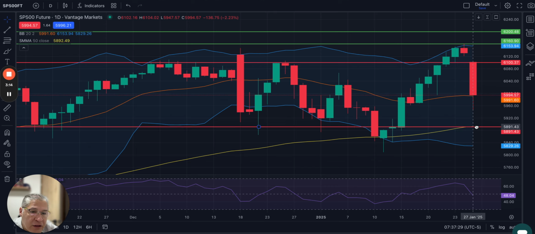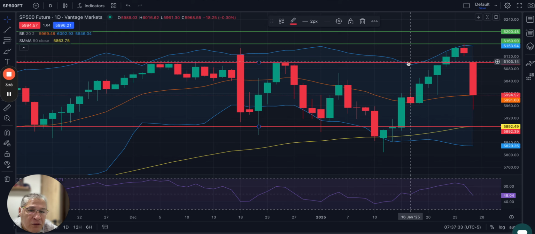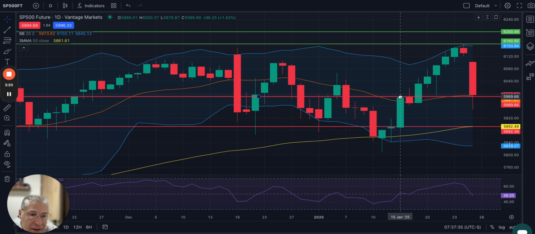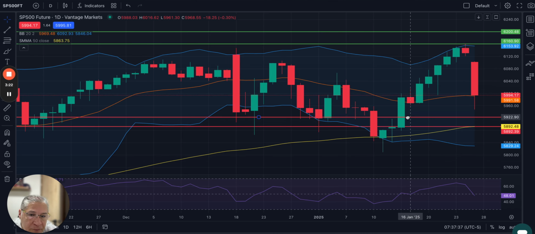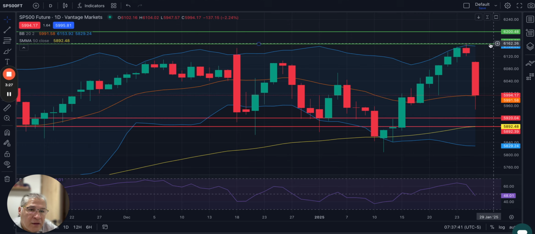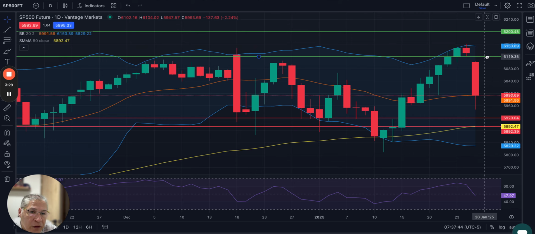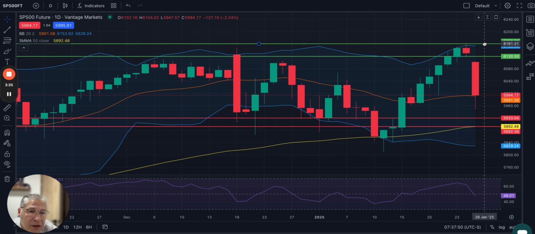Initially, let's use the 50-day moving average as our level of support, and then 59.20 as our second one. We're going to use 59.20 as support and 61.20 as resistance, and then the all-time high.